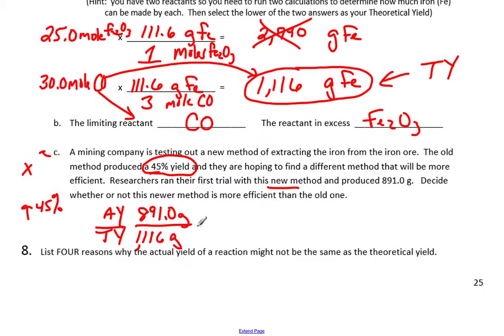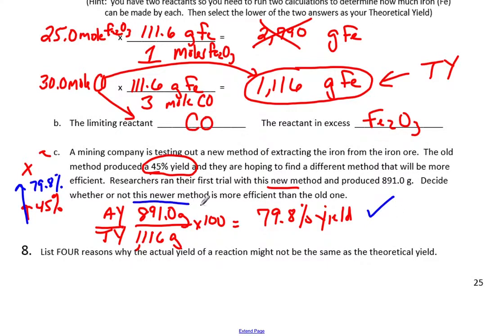This is what they should be making. Divide the 2, multiply by 100, and you get 79.8% yield. So this now exceeds the 45. Now we're up here at just about 80% yield. So this is better. So the new method is more efficient than the old one.